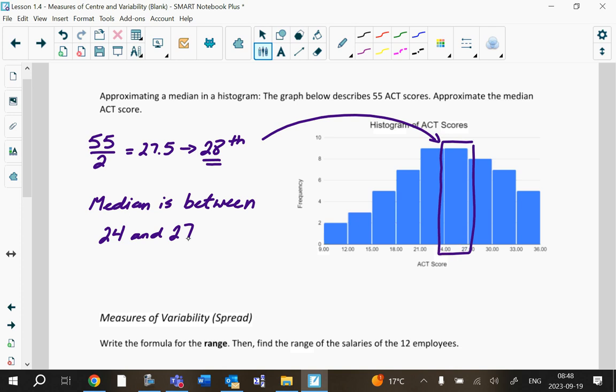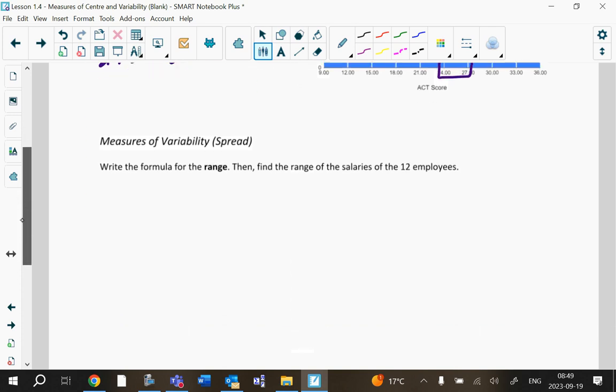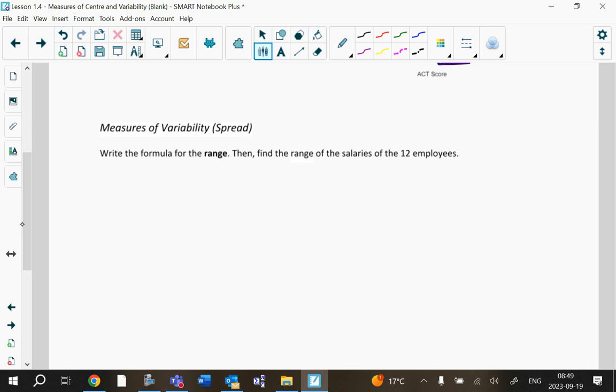Variability. There are three types. First of all, and we talked about this before, is the range. The range is simply the difference between the maximum and minimum. We just take whatever the maximum value is in the data, subtract the minimum value, and that's our range.